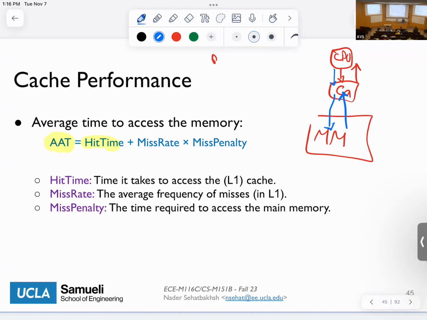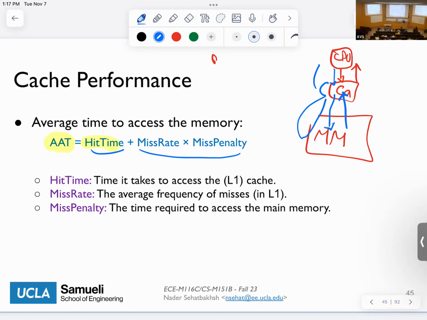So the average access time is the average between the times that data is inside the cache versus the times that data is not in the cache, right? So this is how we can calculate this. In both cases, we have the hit time, plus, so this is just the time for the cache, and this part is the time for going to the main memory and coming back.